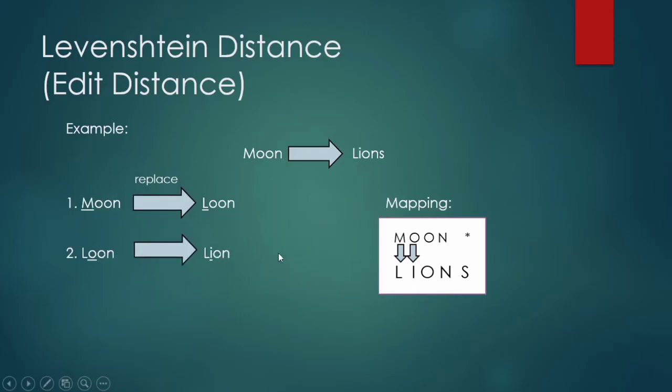And finally we have to insert an S and get the word lions. If we assume each operation costs 1, then the minimum edit distance between moon and lions would be 3 because we performed 3 operations.